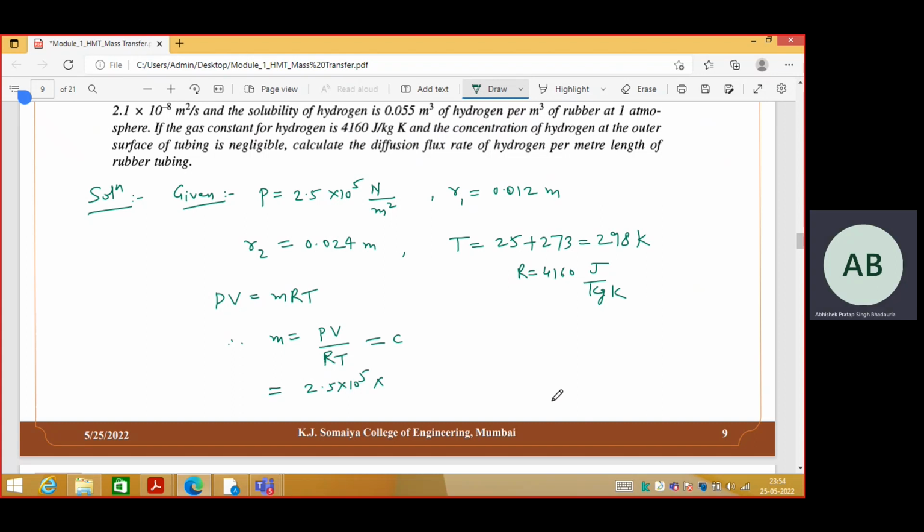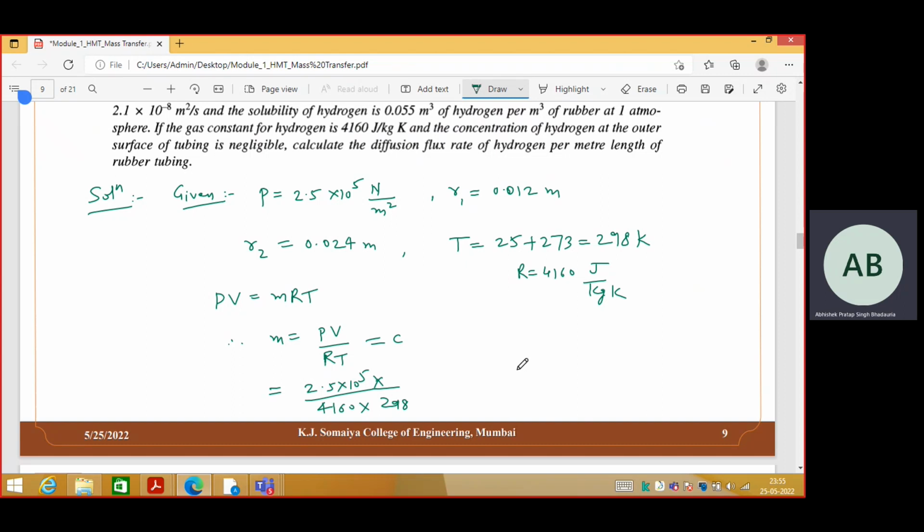Okay, so we'll put the values. First of all, this V is required. R is given as 4160 and T is 298. So we have to work out this factor V. Let's see the solubility.